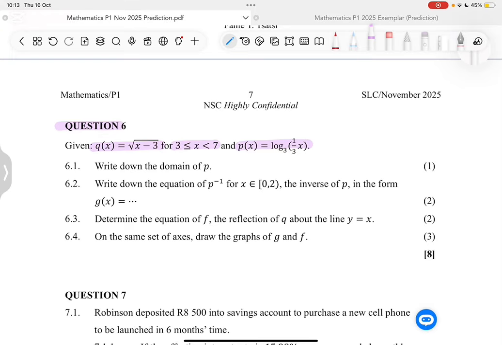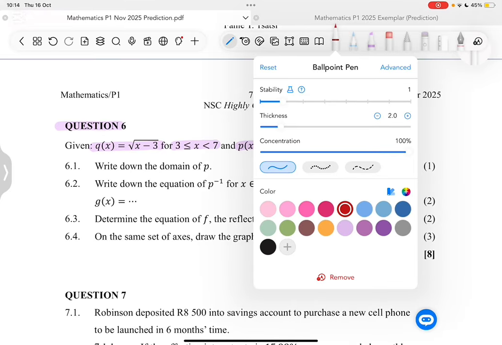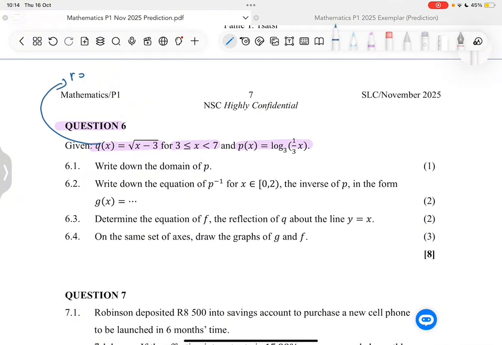Now when you look at this function here, q of x, we can see that it is a root function.